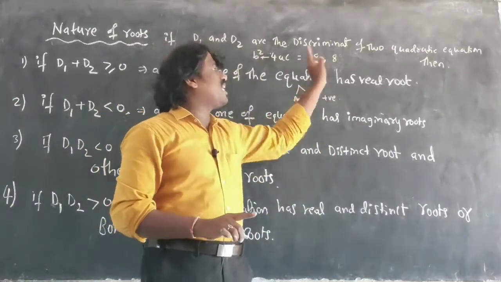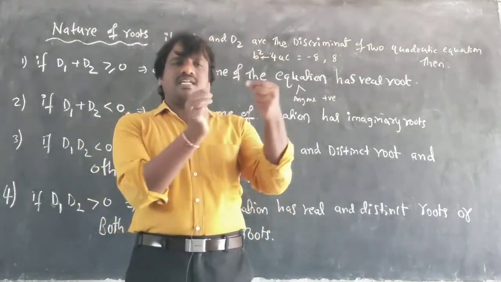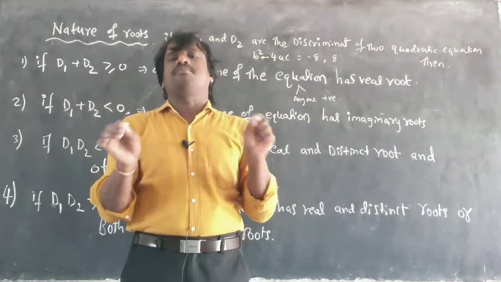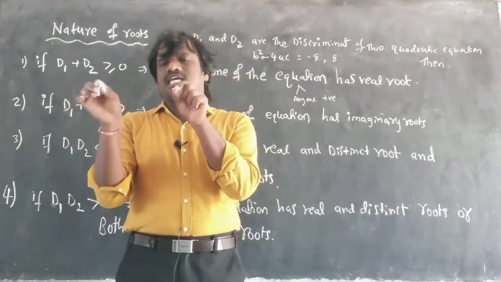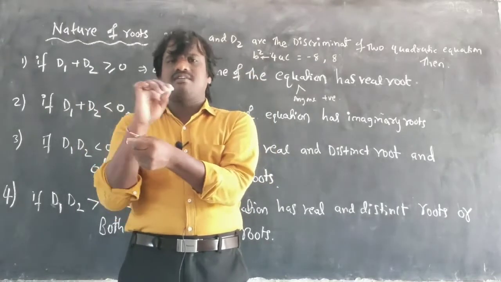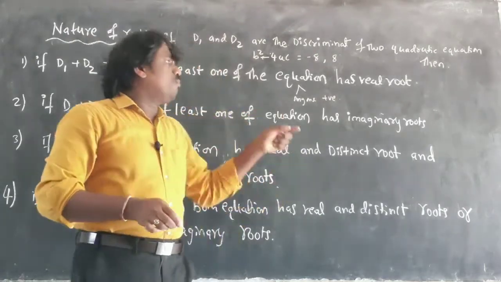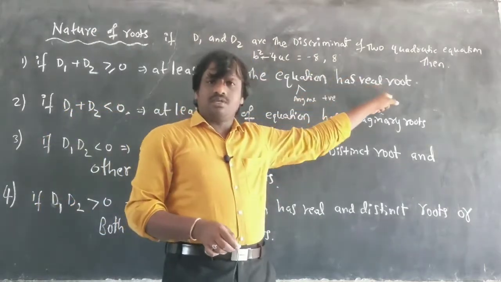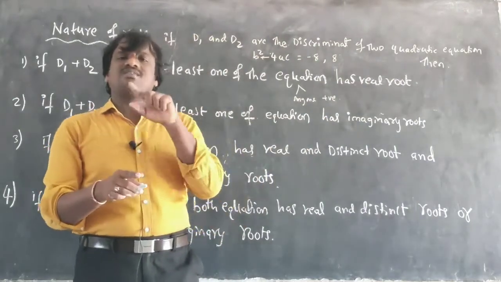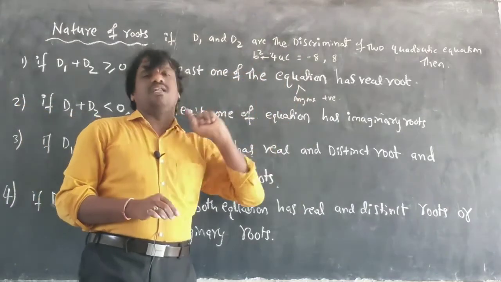Both cannot be negative, their discriminants cannot be negative. If both discriminants are positive, I will get real roots. If one is positive and one is negative, I will get real roots. At least one should have it. At least one of the equations has real roots.